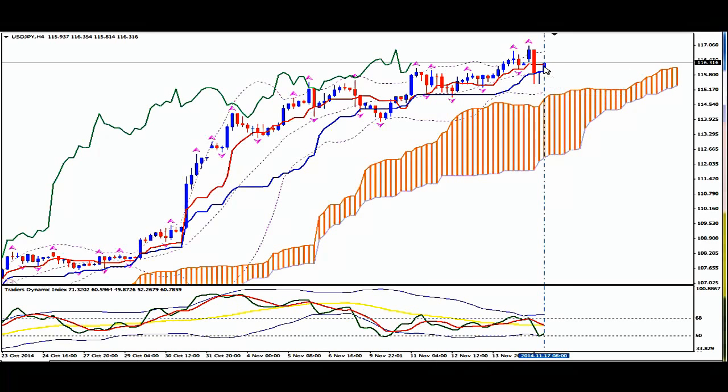It needs to make a correction, a deep correction, just for the sake of the statistical validation before it continues higher. Yes, it will continue higher, but first it has to make a plunge, so expect the plunge for now. Don't be over enthusiastic and jump in long.